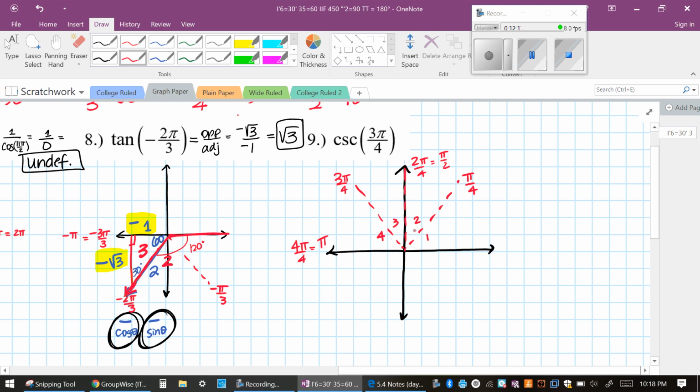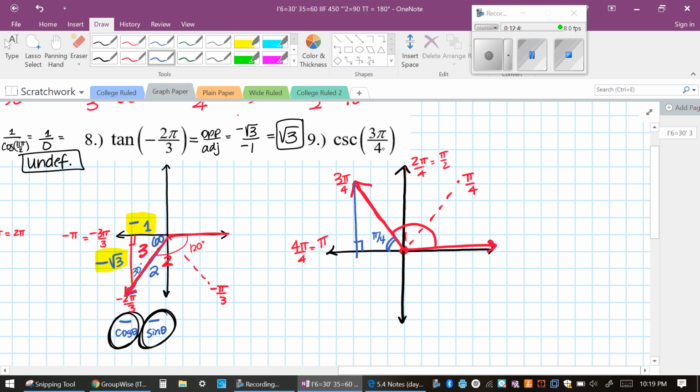Now 3 pi over 4 is going to end up in quadrant 2. And the reference angle is going to be this guy here. So I'm going to drop the height down. 3 pi over 4 is 1 pi over 4 away from 4 pi over 4. So the reference angle here is pi over 4.